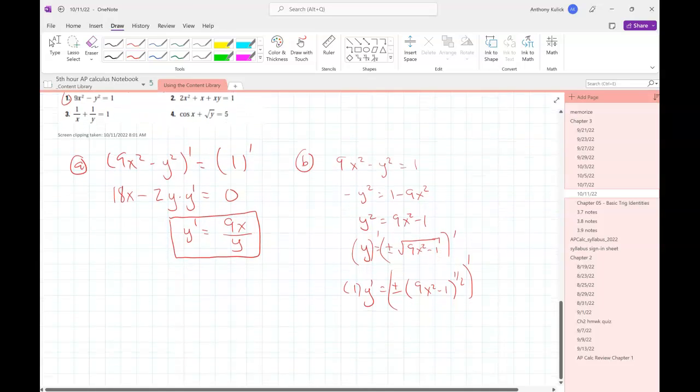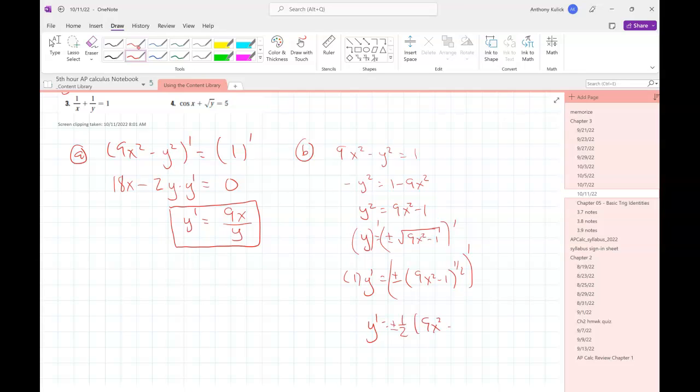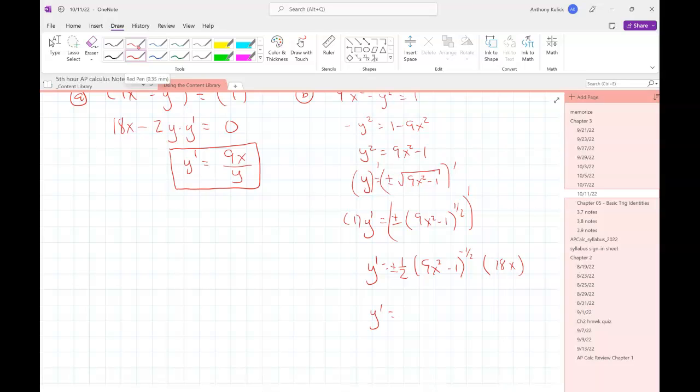So the derivative of the outside is going to be 1/2, oops, plus or minus, to the negative 1/2, and then the derivative of the inside is going to be 18x. So y prime equals plus or minus 18x over the square root of 9x squared minus 1.